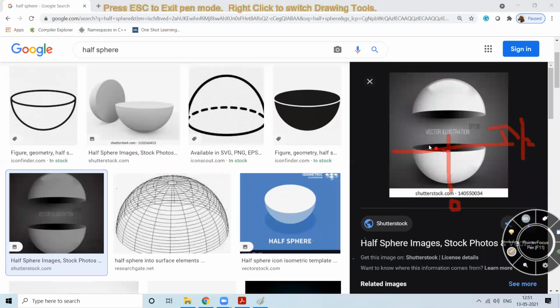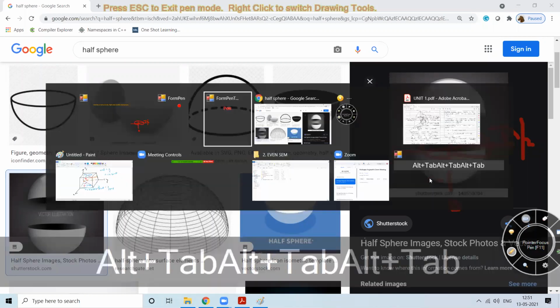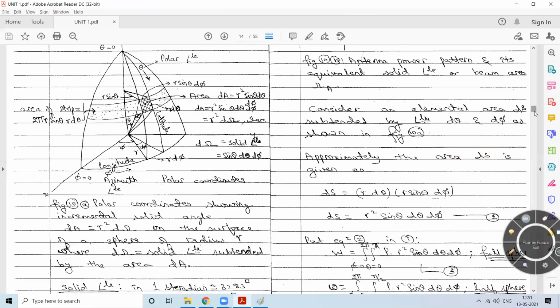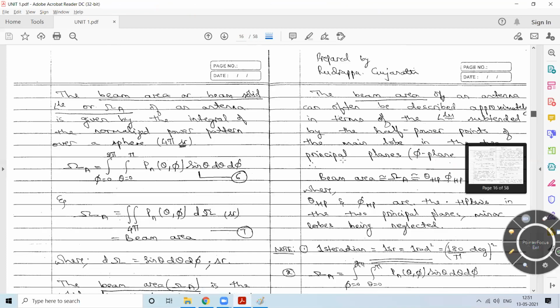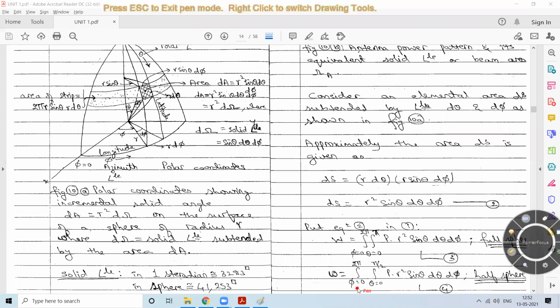But what about the angle phi? If I measure, it will be the entire 0 to 2 pi. So for the azimuth angle, that is phi, the limit is 0 to 2 pi.